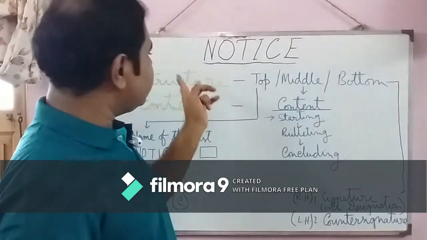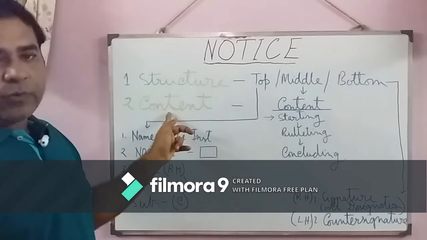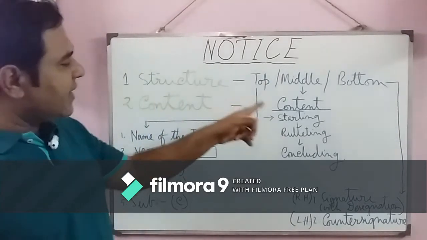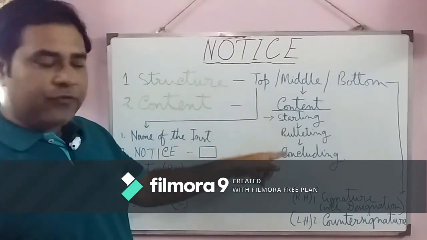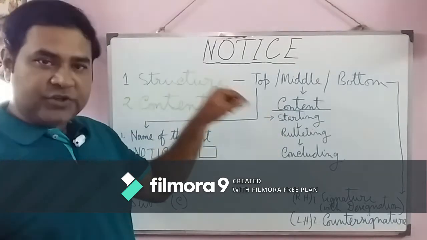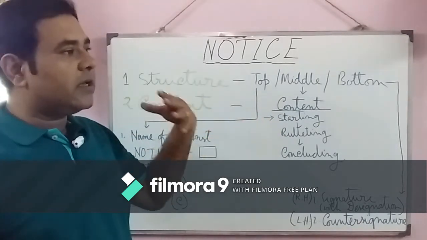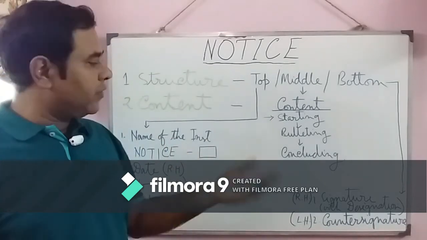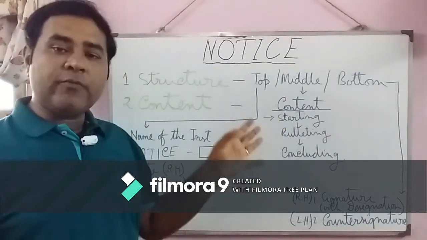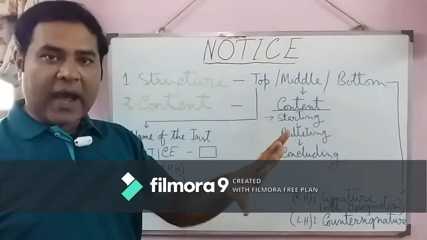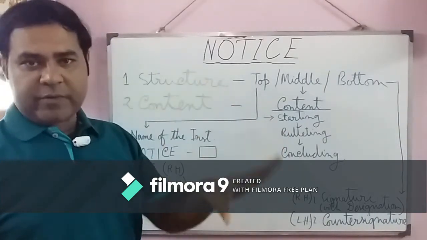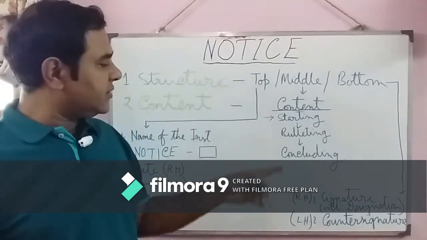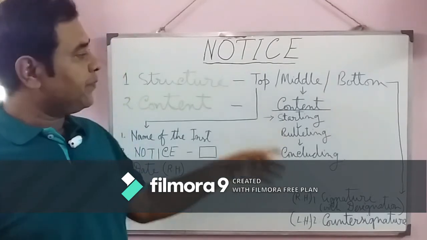The middle part of the structure comprises the content portion. The content portion has 3 stages in its movement. At first we start by mentioning the main issue and the date and the time at which it will occur. Then we go on to bulleting, highlighting the key points that are to be remembered by the recipients, and then we conclude.